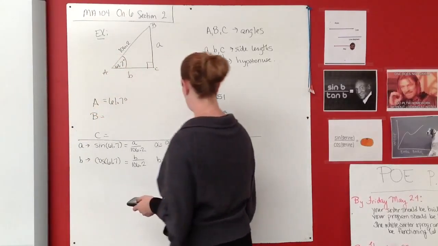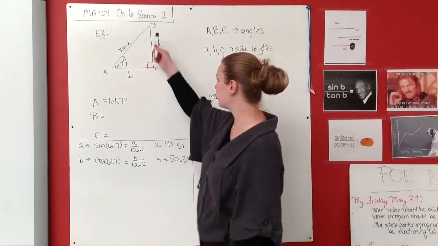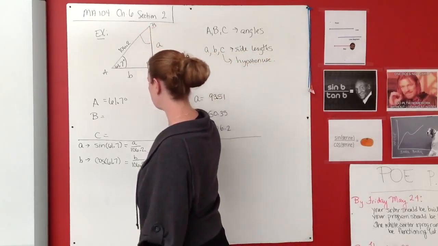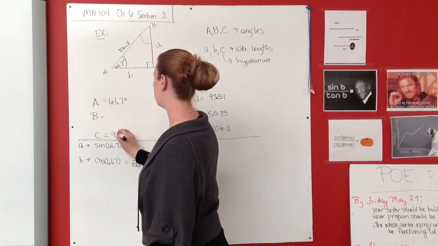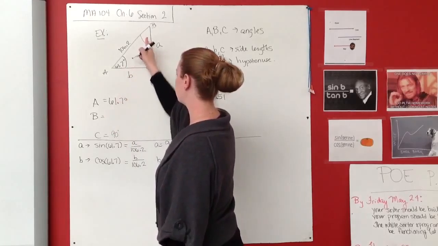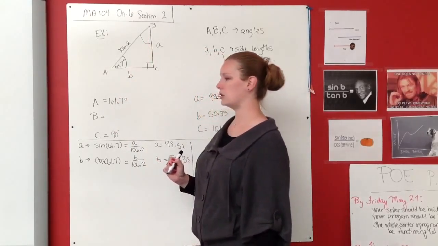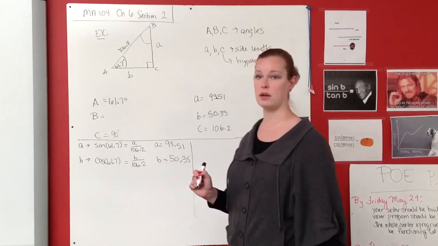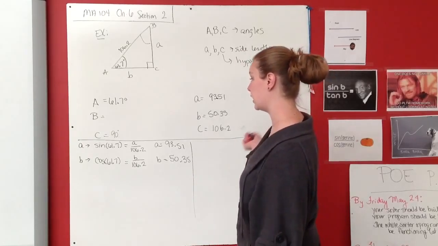All right, now probably the easiest thing is to find the measure of angle B. Well, the measure of angle C is 90 degrees. We know that because of the symbol there. What I would do for B is just use the fact that the sum of the angles of a triangle is 180 degrees.